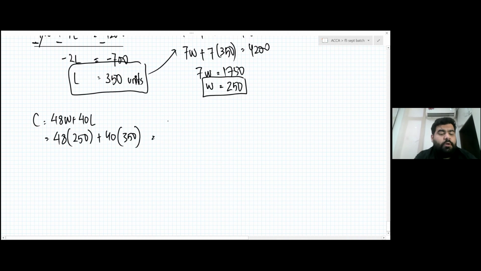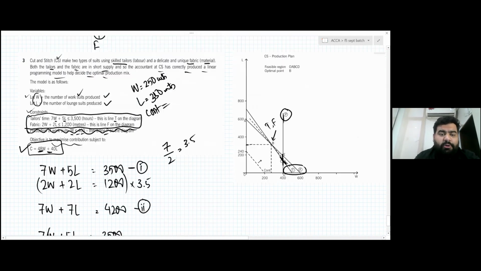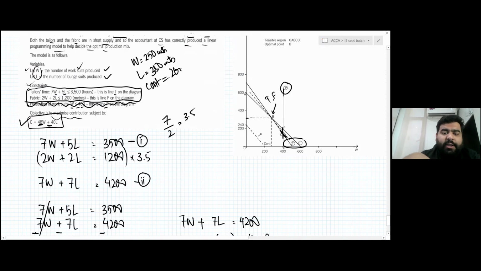So 48 into 250 plus 40 into 350. So the contribution you will earn is 26,000 normally, in the normal scenario, not in the shadow price. This is the normal contribution that you will be earning at the optimum point, the maximum contribution.